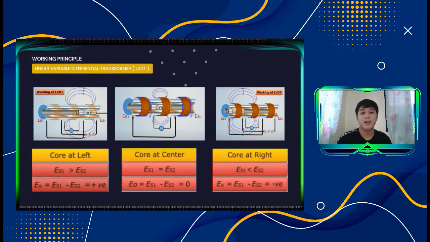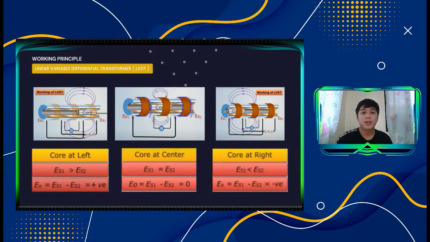Now, when this varying magnetic field interacts with the secondary coils, an EMF is induced in the secondary coils. Initially the core is in such a position that equal EMF gets induced in both the coils, due to which the net EMF of the secondary coils becomes zero. This position of the core is known as the null position.